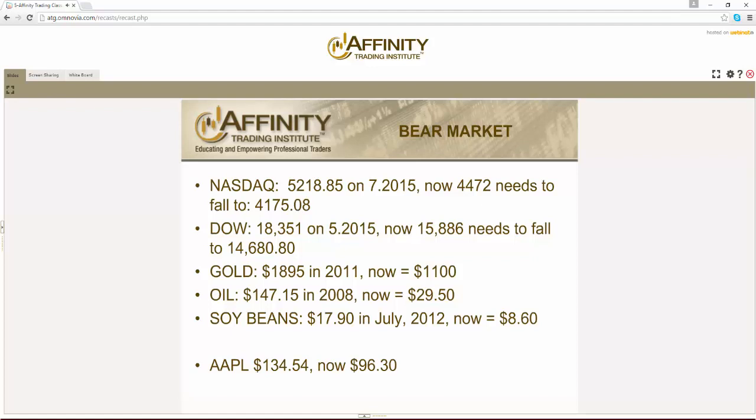Now it's 96. It's in a bear market, right? So while the indexes are not yet in a bear market, and perhaps they'll never get there, clearly there are stocks, commodities, precious metals that are in and have been in a long bear trend.